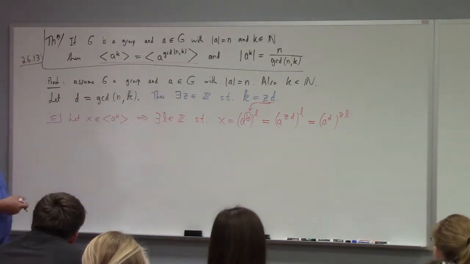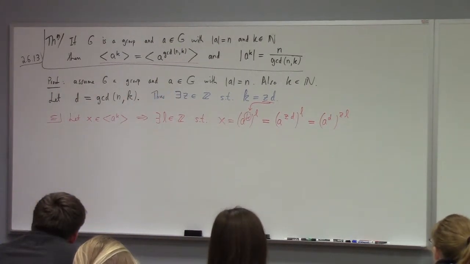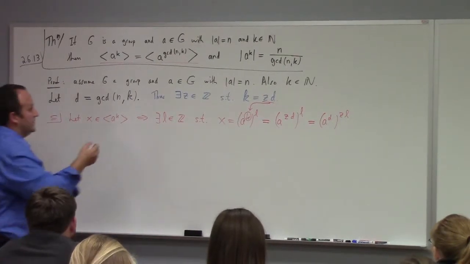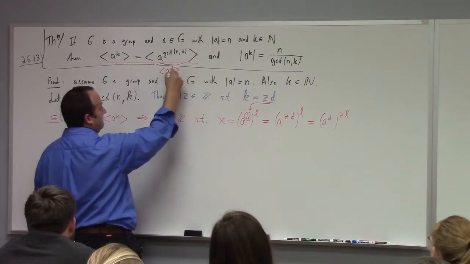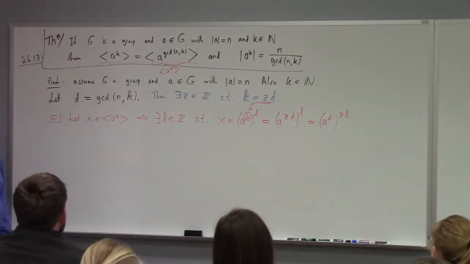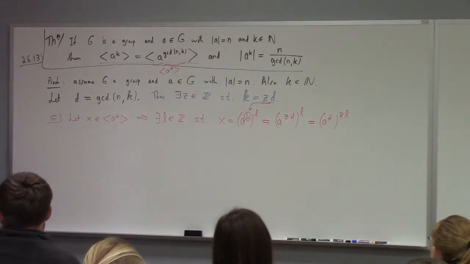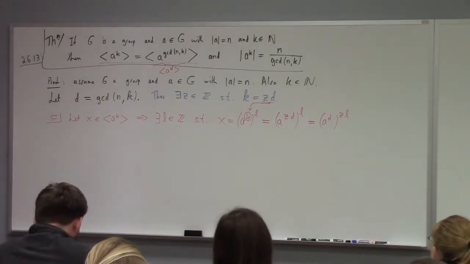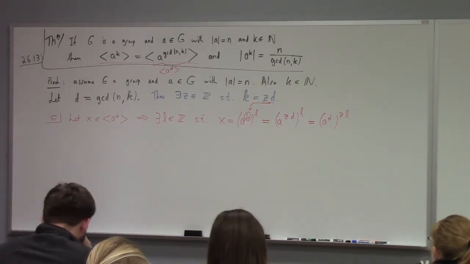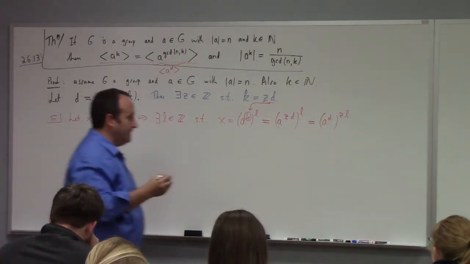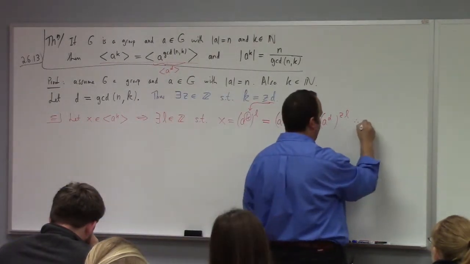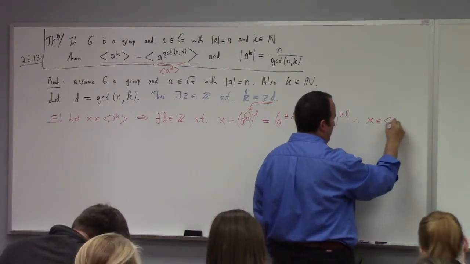What's the significance of that? Well, in my current notation, notice that this is nothing more than an element of the cyclic subgroup generated by a to the d, that is, a to the greatest common divisor of n and k, which then says that x is an element of the cyclic subgroup generated by a to the d.